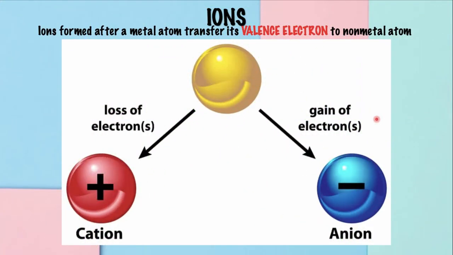Next, ions are classified as cation and anion. Cation when a metal atom loses electron. Anion when a non-metal atom gains electron. Are we clear, class? Now, let us proceed.